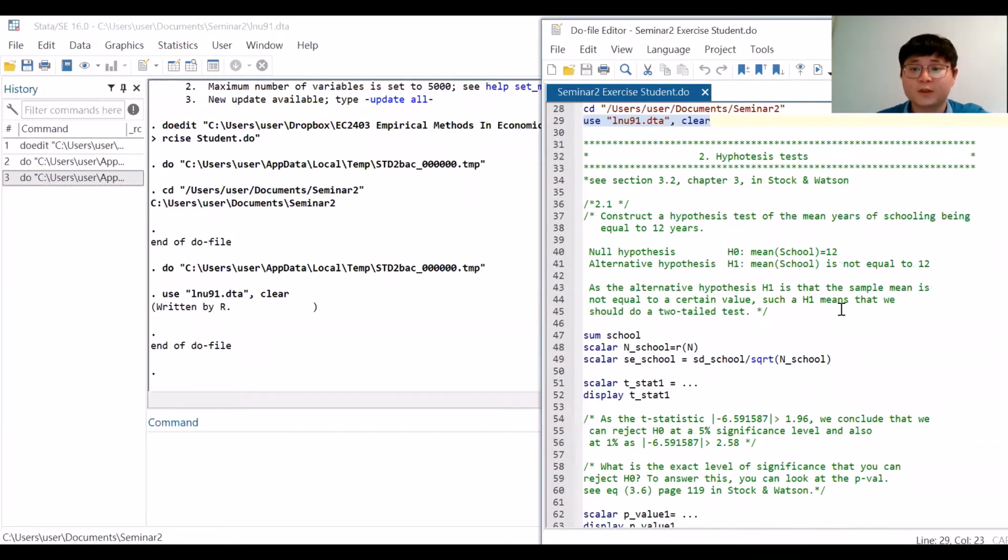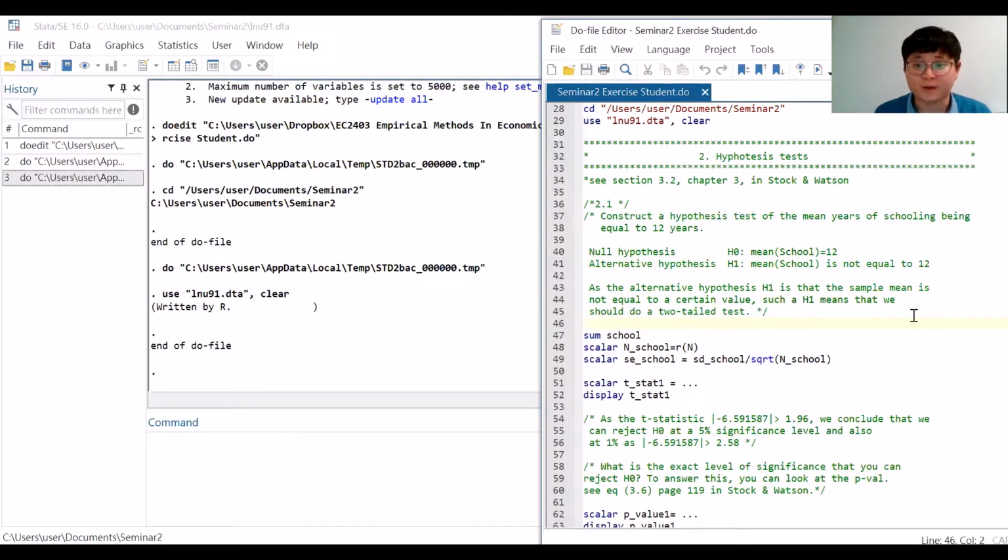So first, we are going to do the hypothesis test. We will take the LNU91 dataset as an example. First, construct a hypothesis test of the mean years of schooling being equal to 12 years. So now we are going to test whether the mean years of schooling in this data set is equal to 12 years.